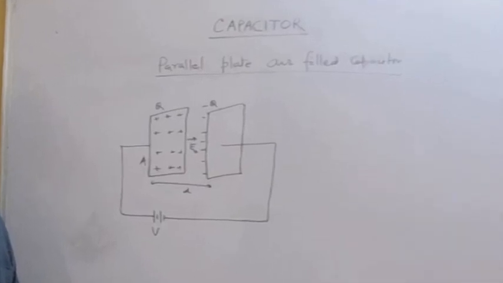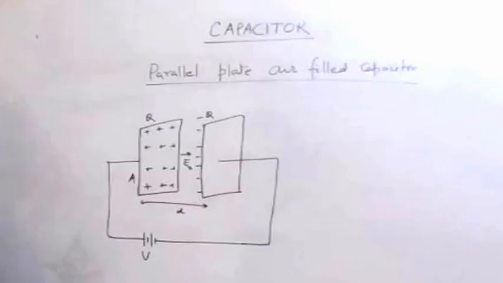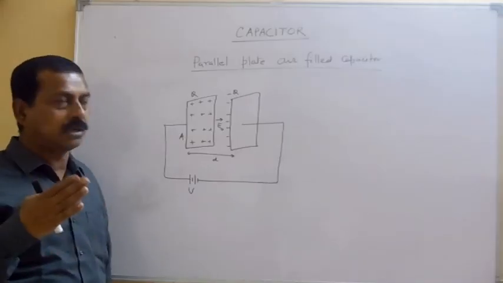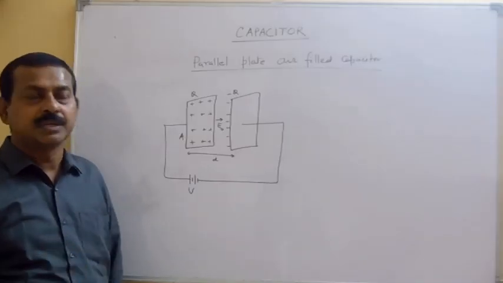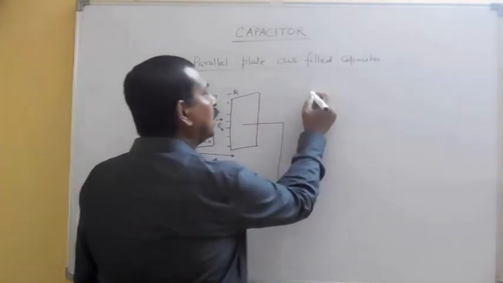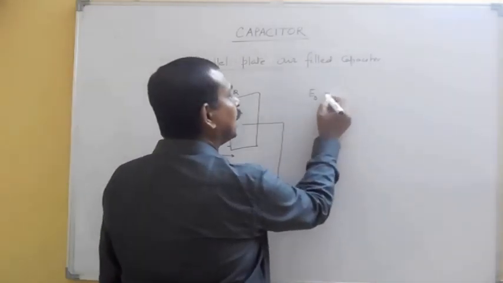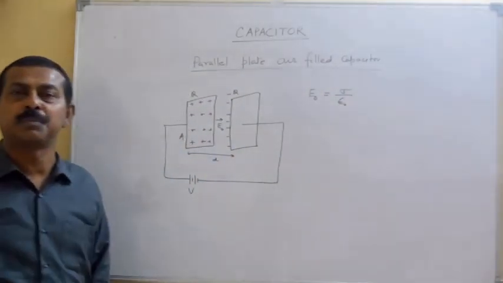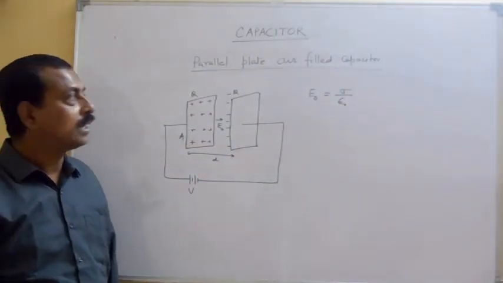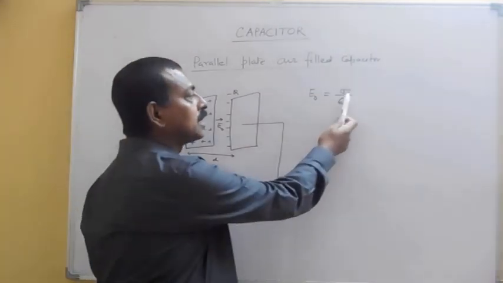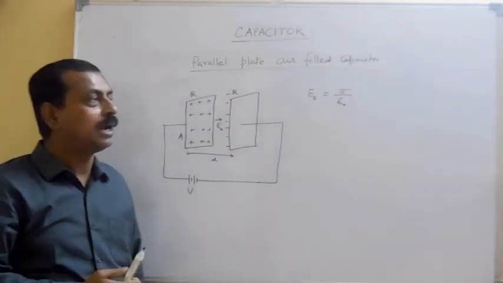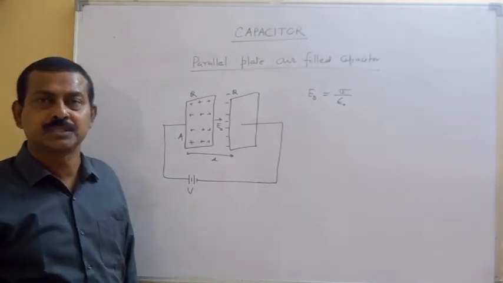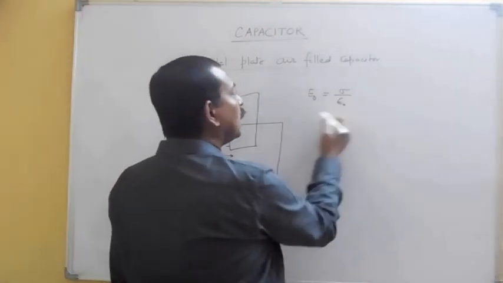Now, if you take the expression for electric field between the two plates of conductor, then this electric field will be given as E0 equals sigma by epsilon naught, where sigma is the surface charge density and epsilon naught is the permittivity of free space or vacuum.